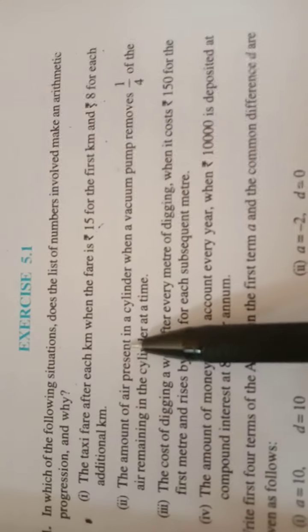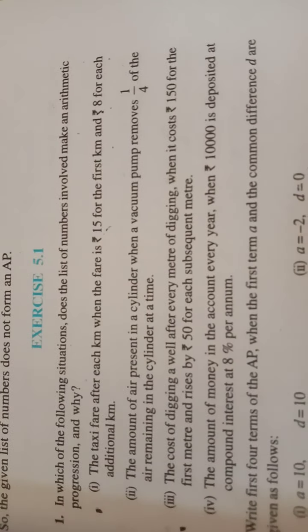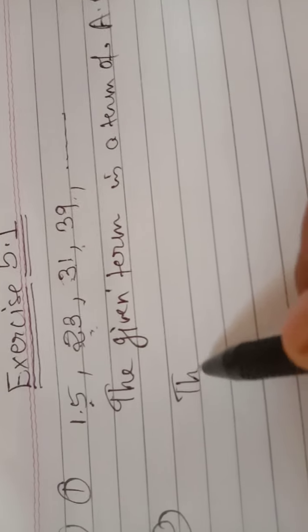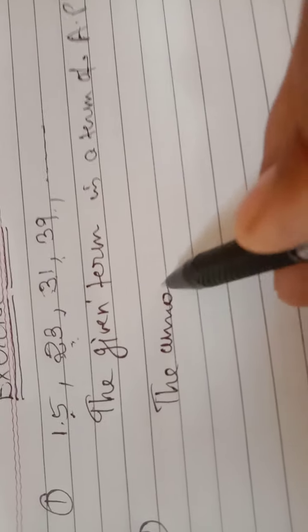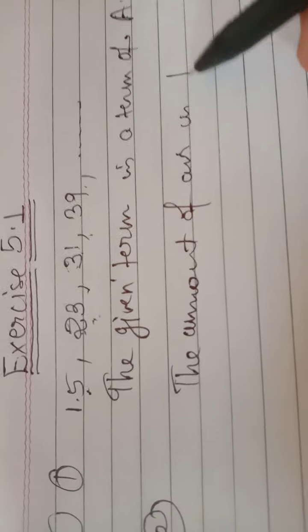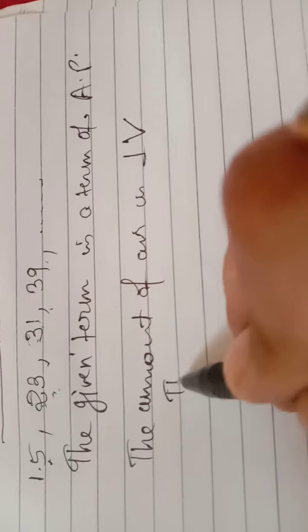That is the amount of air present in a cylinder when a vacuum pump removes 1/4 of the air remaining in the cylinder at a time. Now the vacuum pump is removing 1/4 of the air out of the total air. So suppose the amount of air is the total volume, 1 volume. How much air is the pump removing?